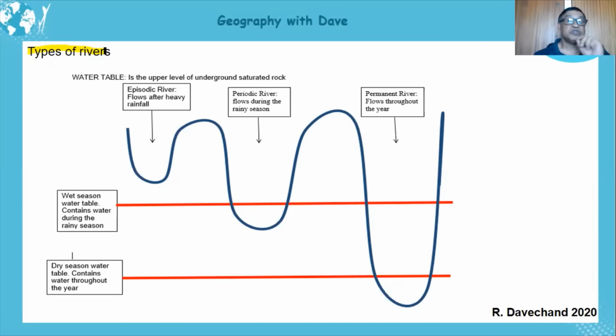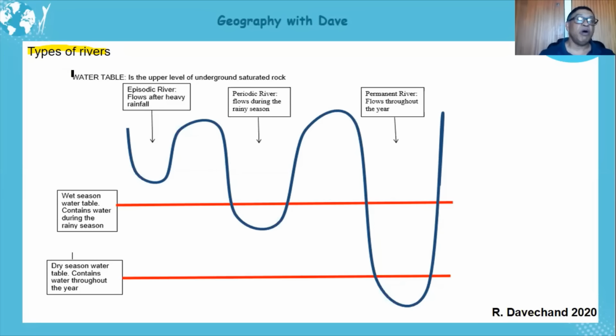Now, if you want to know what these rivers are and how they work with the water table, it's obvious that we have to look at the definition of the water table. So let's get going.